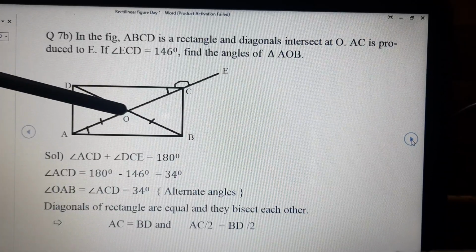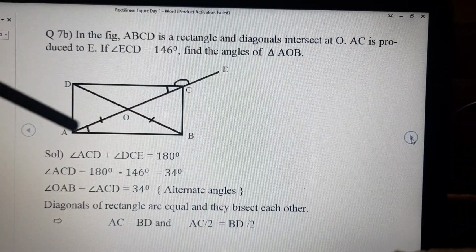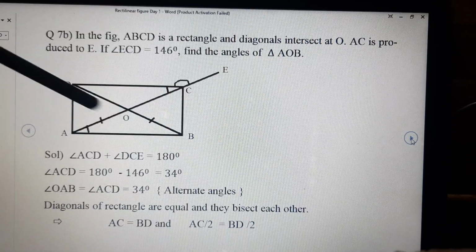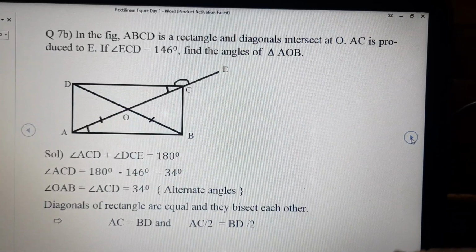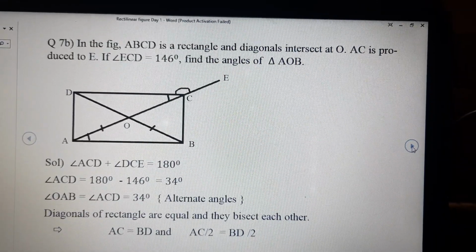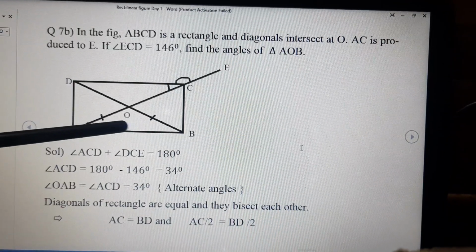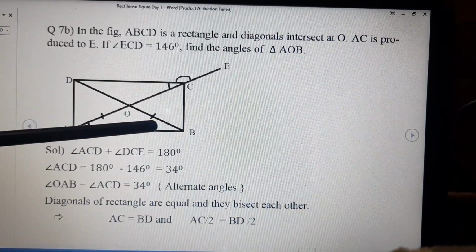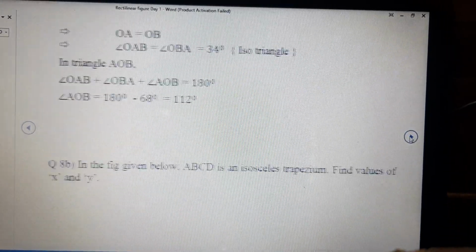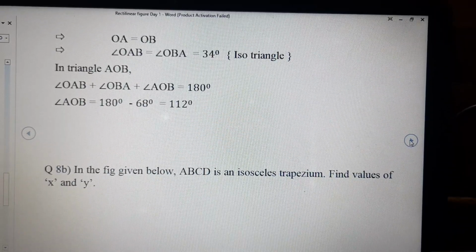So OA is equal to OC, and OD is equal to OB. We'll write that OA and OB are equal. If OB and OA are equal, it is an isosceles triangle. This angle is 34, this angle is 34. We can calculate angle AOB in triangle AOB with the angle sum property.